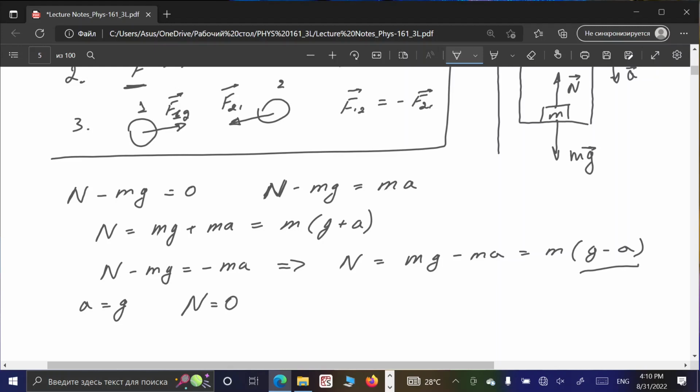So that is the case when we have a kind of imitation of free falling conditions, because the reaction of the base of the elevator is equal to 0. Nothing acts on the body, and this block will just experience free falling.